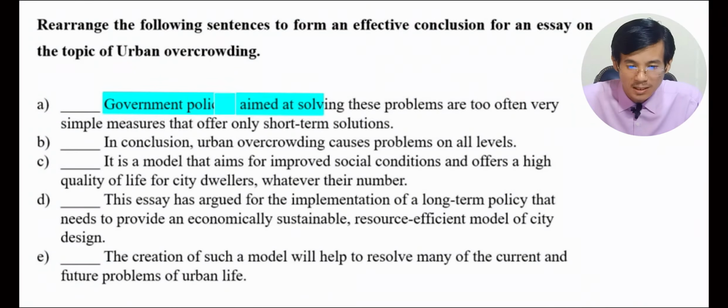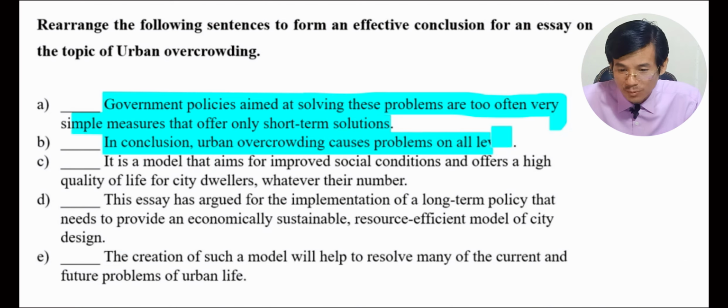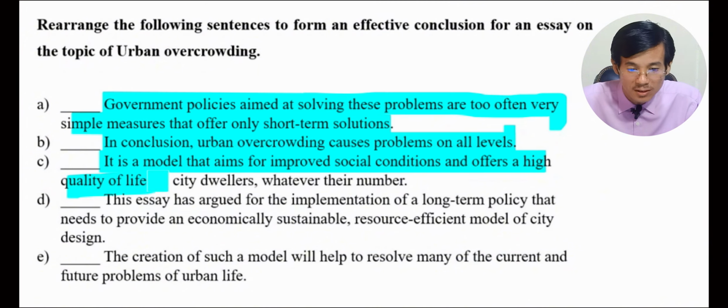Sentence A. The government policy aimed at solving this problem are too often very simple measures that offer only short-term solution. Sentence B. In conclusion, urban overcrowding causes problems on all levels. Sentence C. It is a model that aims for improved social conditions and offer a high quality of life for city dwellers, whatever their number.